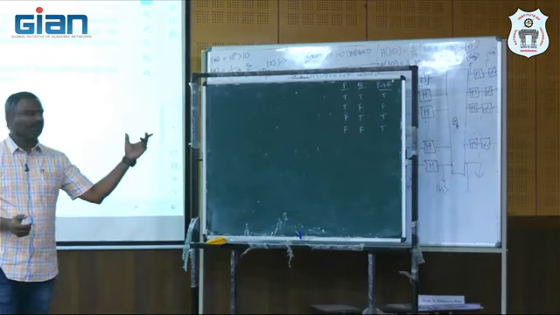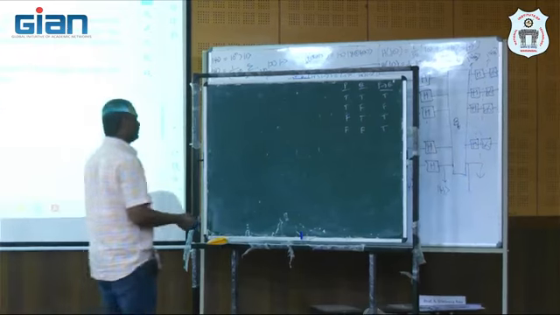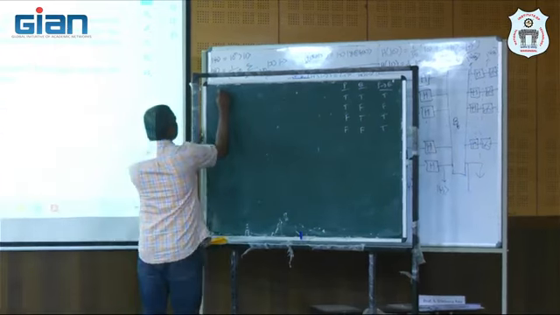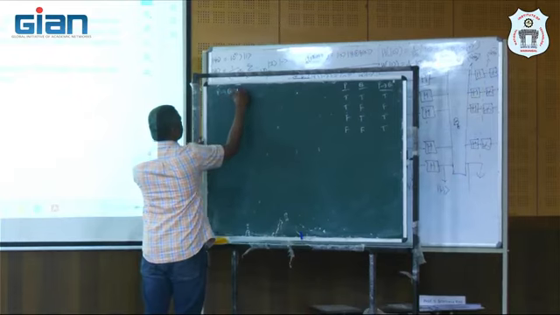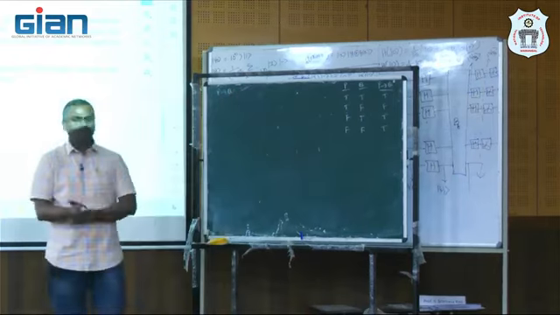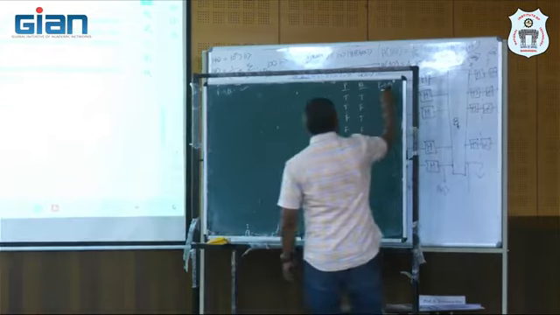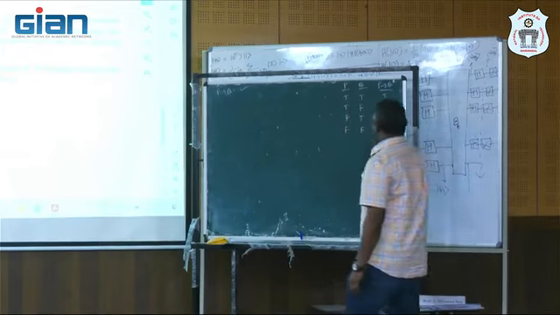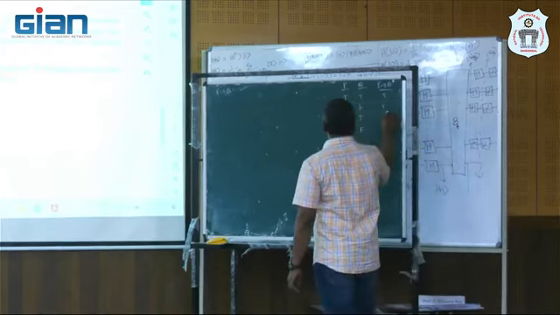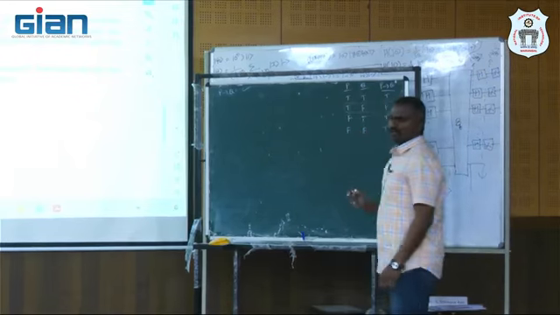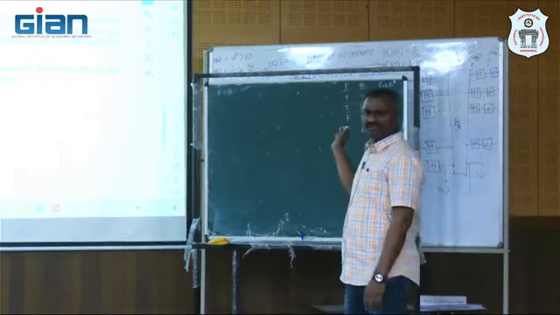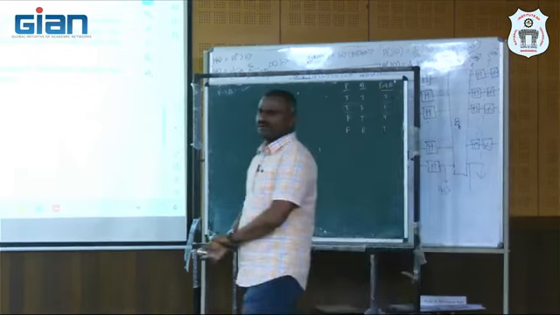P implies Q, that is the truth table. Now, how to show that P implies Q is true? Look at the truth table of this, and then automatically you should be able to get an idea, no?